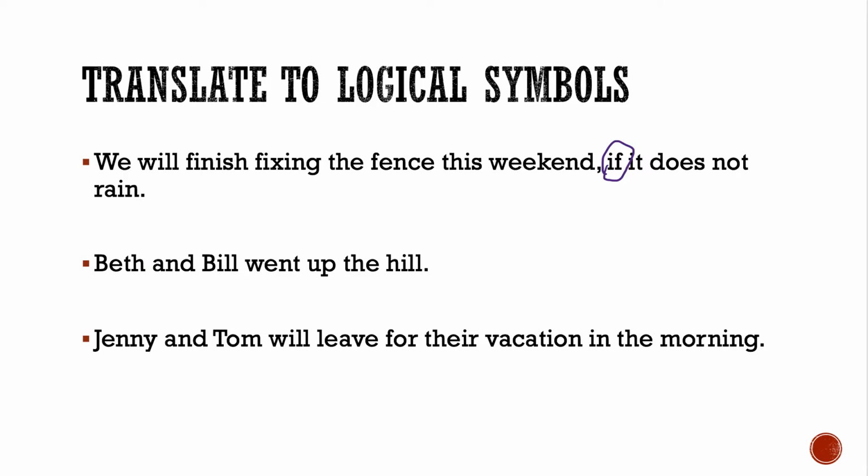When we're talking about an if-then statement, typically, the if is going to be the P, and the then statement will be the Q, because the way that you want to write this thing when you're done is if P, then Q. All right, so we need to identify which part of the sentence is the if and label that the P. So we will finish fixing the fence this weekend if it does not rain.